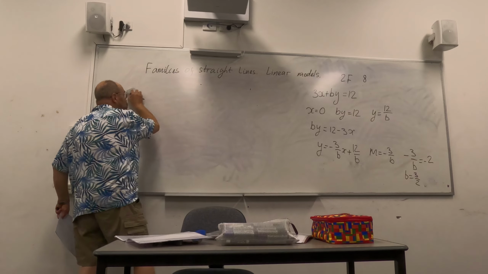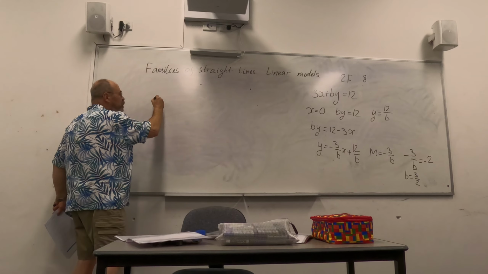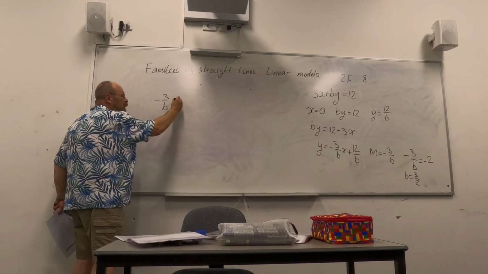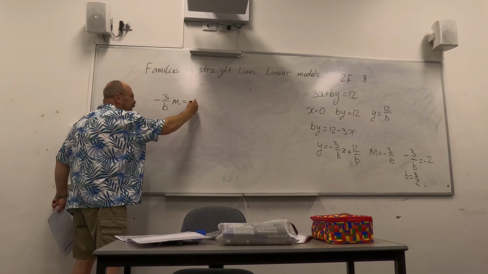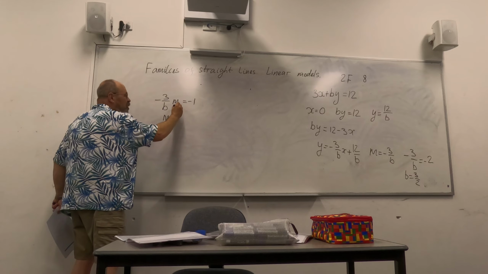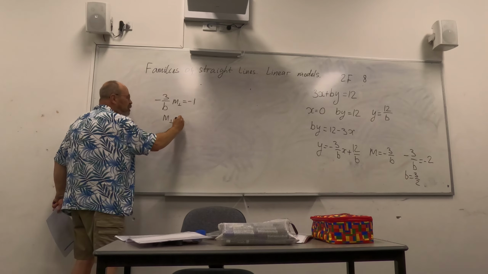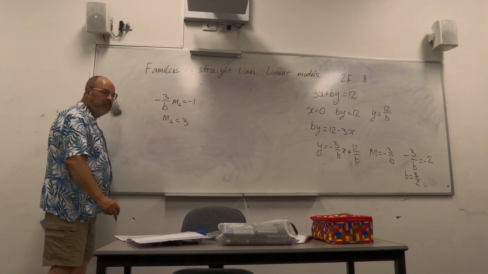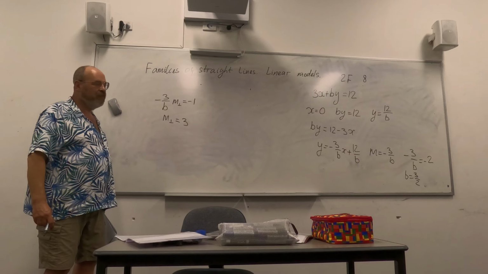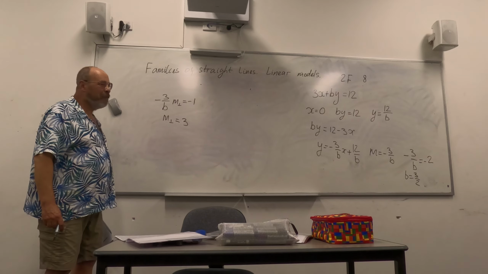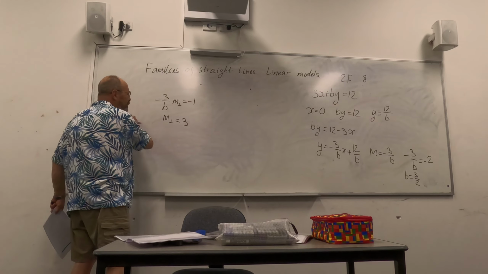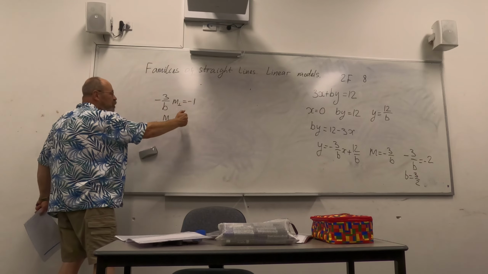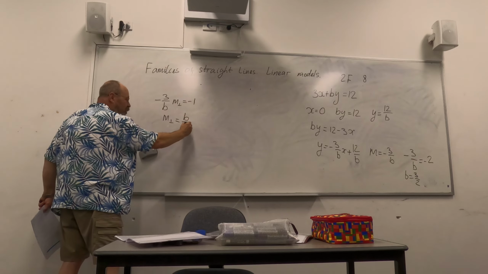So what is the gradient of the perpendicular line? Negative 3 on b times m perpendicular has to be equal to negative 1, so m perpendicular equals positive b over 3. Yes, m perpendicular will be positive b over 3.